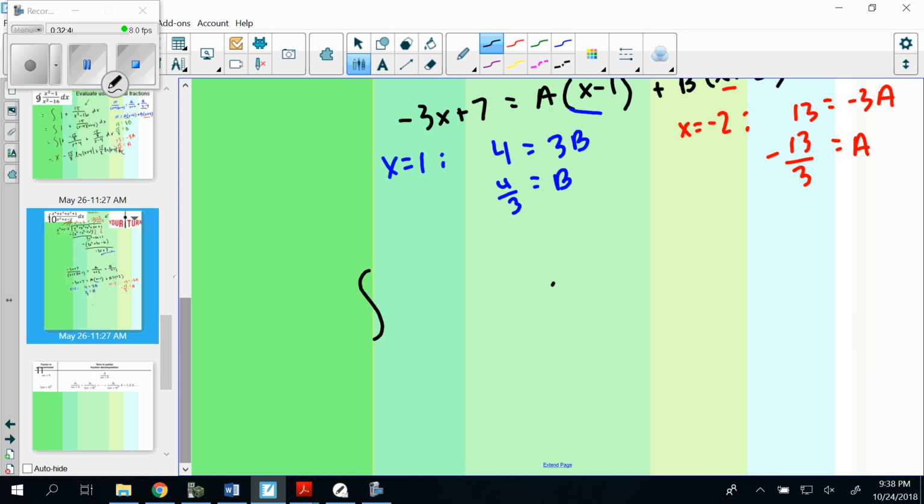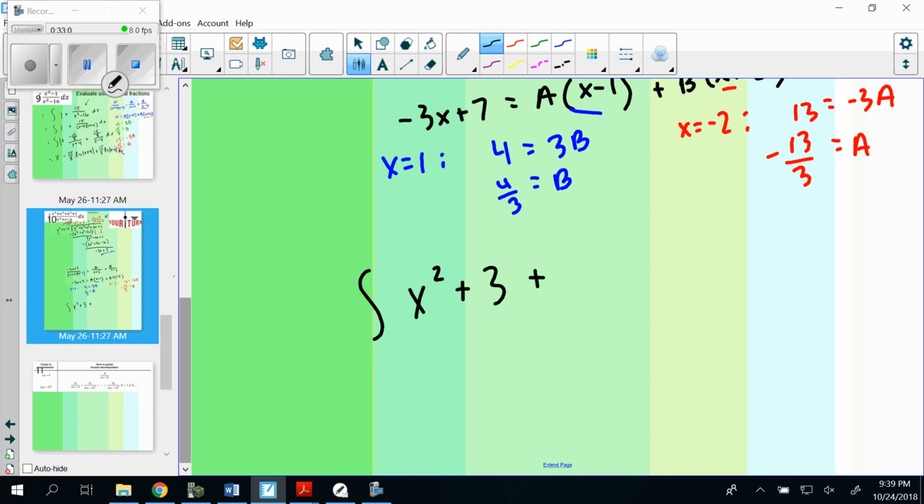So now we can write out our integral here. Our integral from what we had before: x squared plus 3, and then plus our partial fractions.